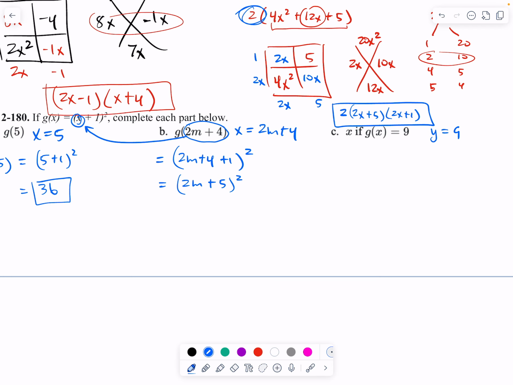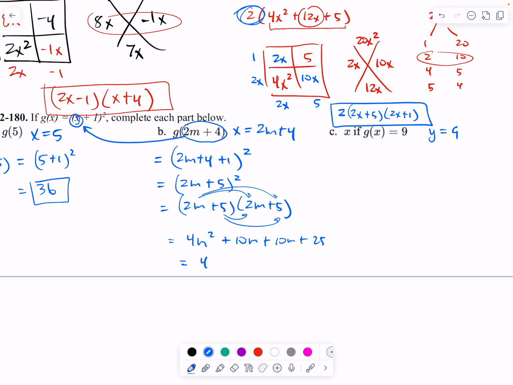And if you multiply, so this is 2m plus 5 times 2m plus 5, and you use the distributive property, this times this, this times this, this times that, this times that, you're going to get 4m squared plus 10m plus 10m plus 25. And so you're going to get 4m squared plus 20m plus 25 as your final answer for that.